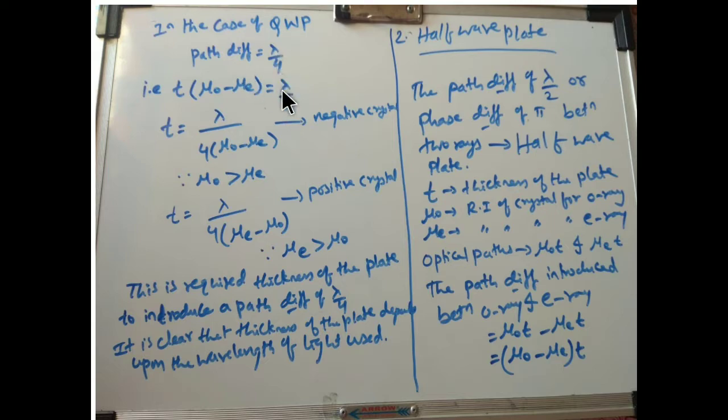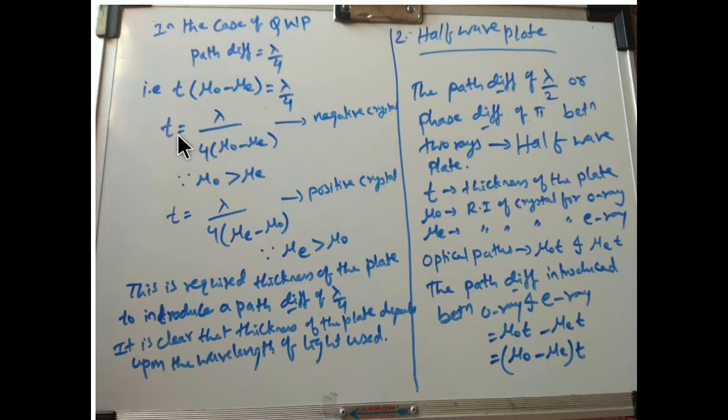Cross multiplying, the thickness T is equal to lambda divided by 4 into mu naught minus mu e. This is the thickness for the negative crystal, because here mu naught is greater than mu e.